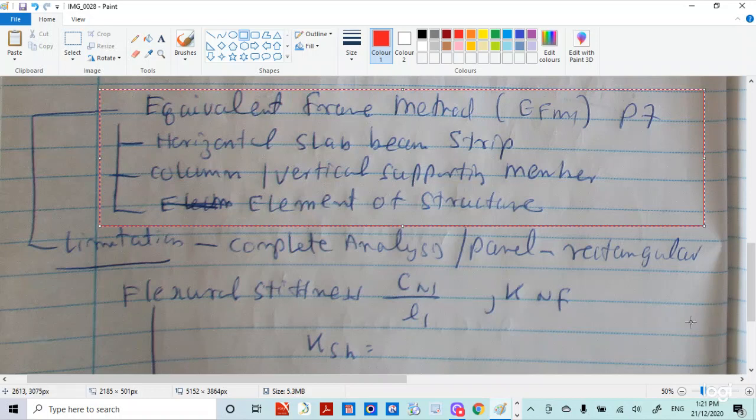The contents are the horizontal slab strip, the column and vertical supporting members, and also the elements of the structure. Those things are included in the calculation method on page 7.